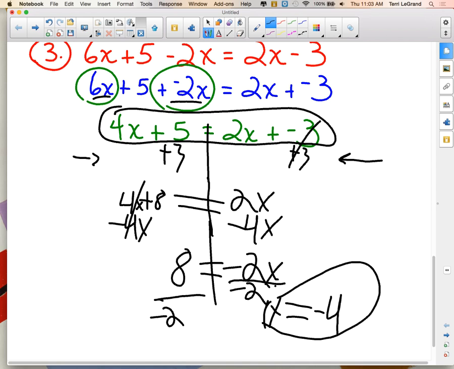Now we're going to divide by 2, and -8 divided by 2 becomes x equals, negative divided by a positive is a negative, 8 divided by 2 is 4. Get the same answer.